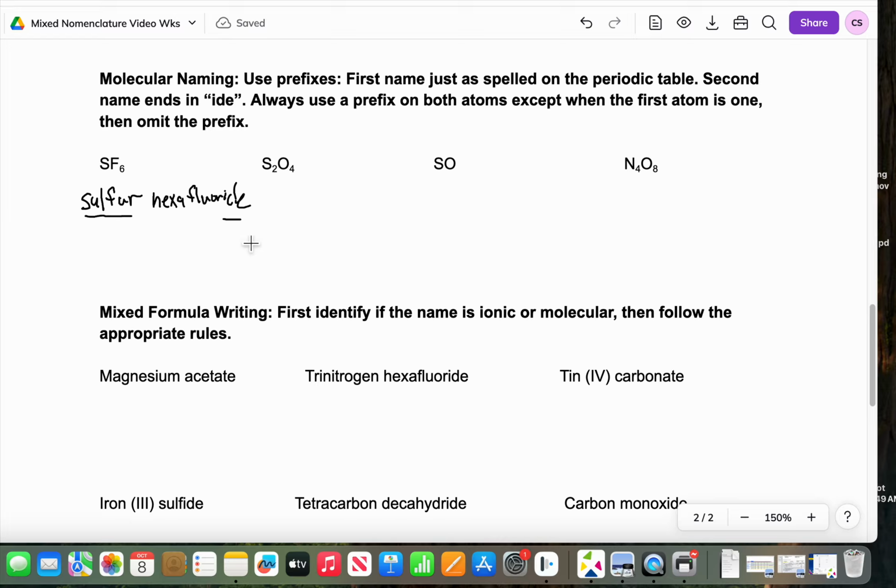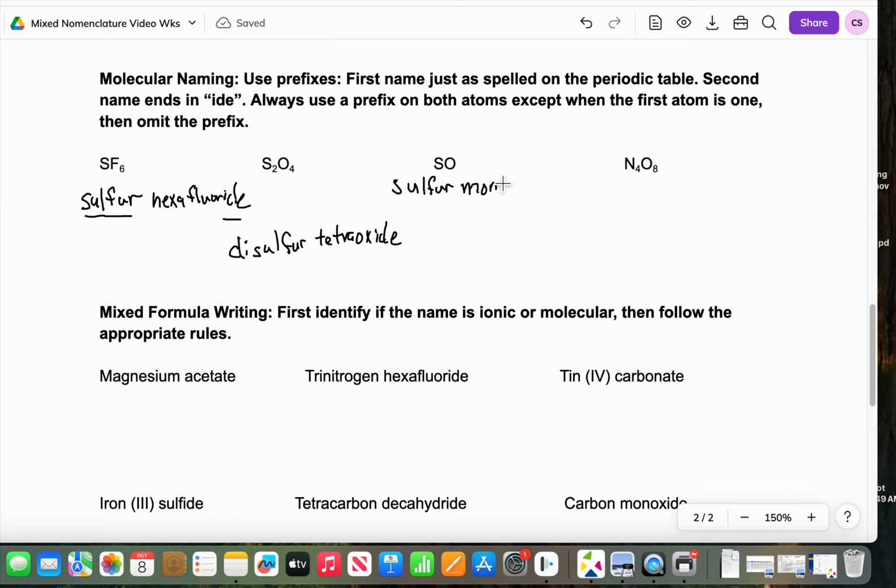Okay, S2O4. So that's going to be disulfur, and then 4 is tetraoxide. Okay, SO. So S is sulfur, and then O, the second element, always gets a prefix no matter what.